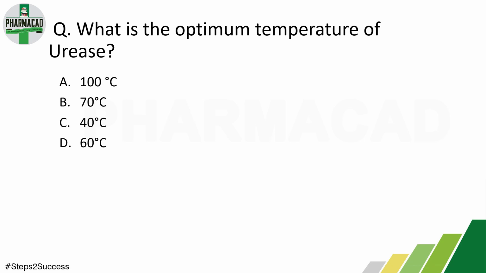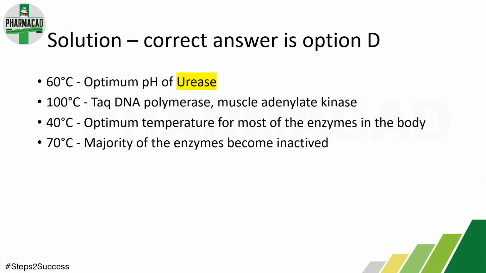What is the optimum temperature of urease? Option A 100 degrees Celsius, option B 70 degrees Celsius, option C 40 degrees Celsius, option D 60 degrees Celsius. So the correct answer is option D, 60 degrees Celsius. It is the optimum temperature for urease. For various enzymes, we have different optimum temperatures, similar to pH.